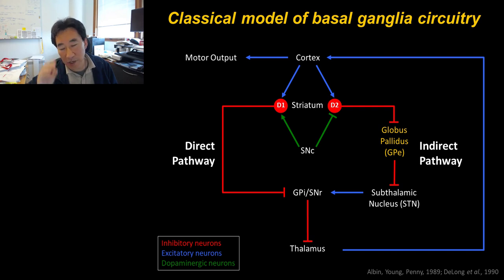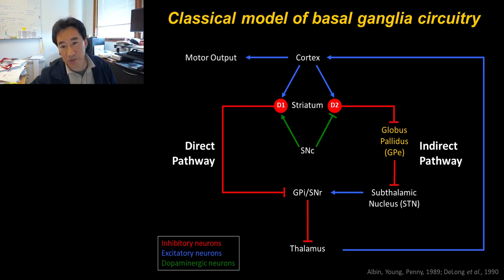I guess this diagram has been used for more than 20 years. But while I keep studying the role of the basal ganglia, I'm beginning to realize that the circuit organization is not as simple as this diagram. Especially their synaptic connection is very different than actually proposed.